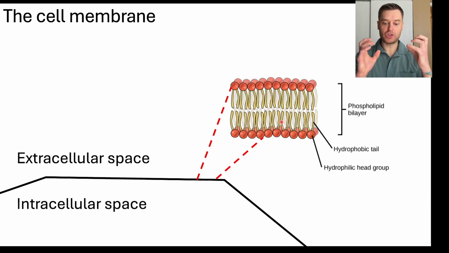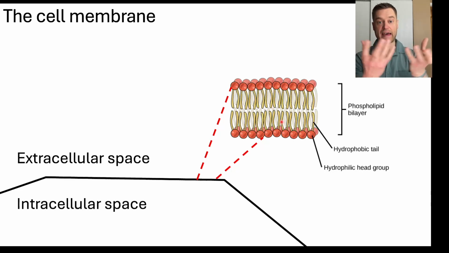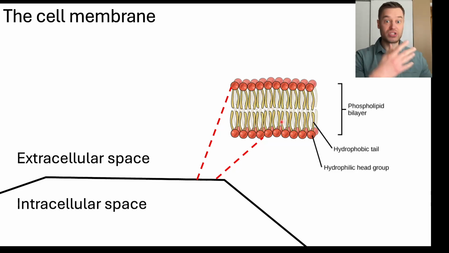And it's actually the fact that these chemicals have these two components that forms the structure of cells, generally speaking, but also neurons.